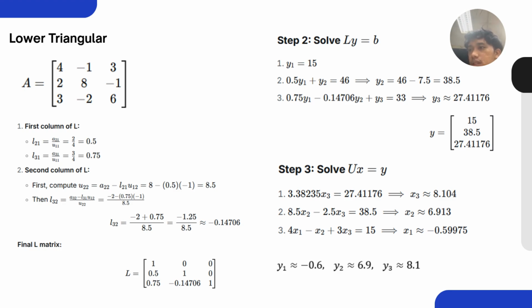So the final solution of the linear system is approximately x1 is negative 0.6, x2 is 6.9, and x3 is 8.1.